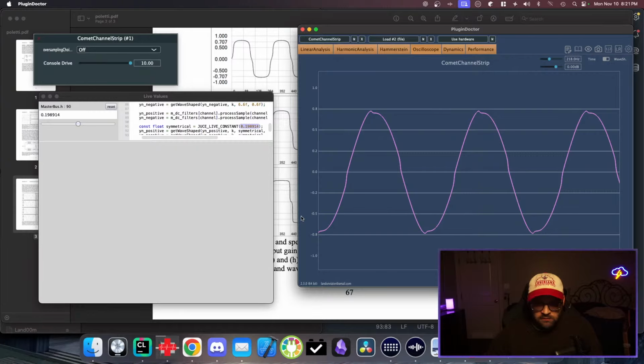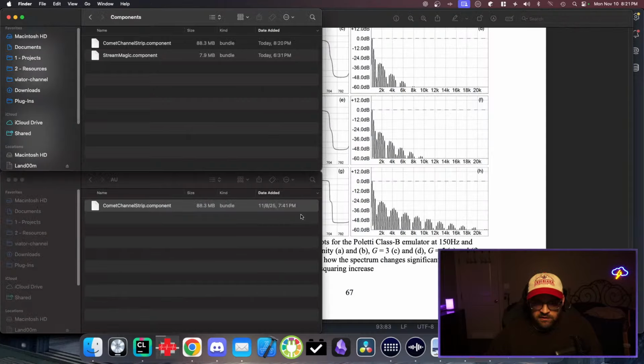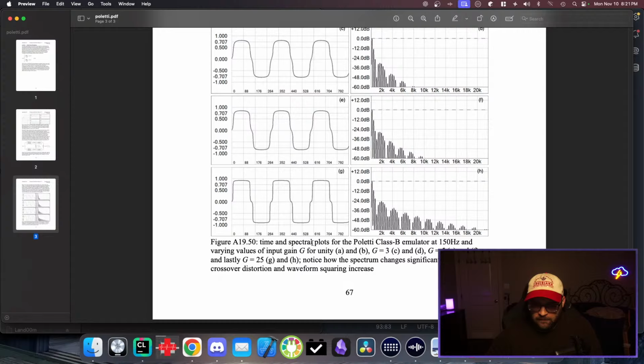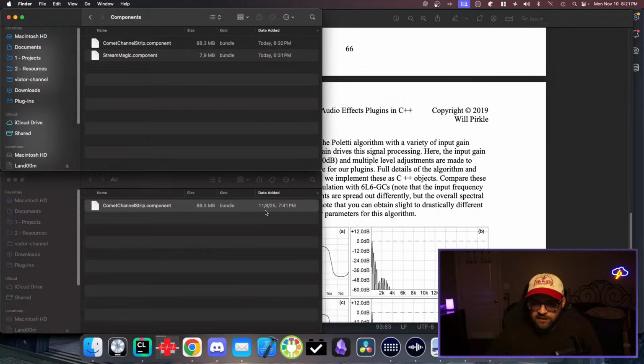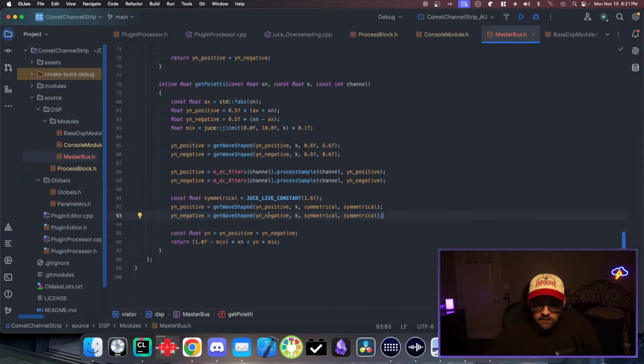And you know what? It used a K value. Wait. So it's testing at 150 hertz. So let's go ahead and we'll leave that the way it is. What did I want to do?